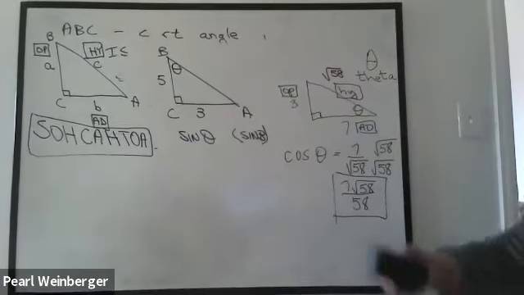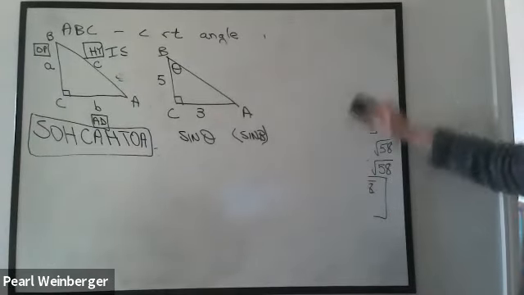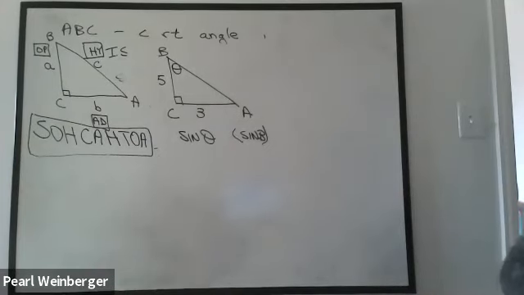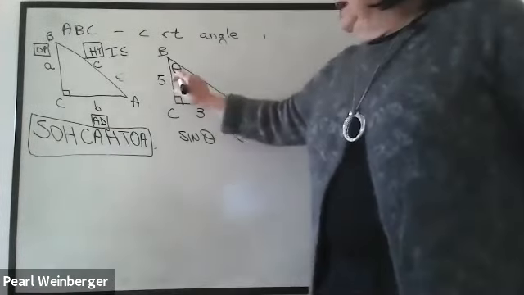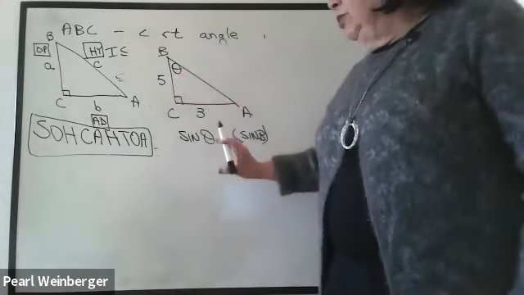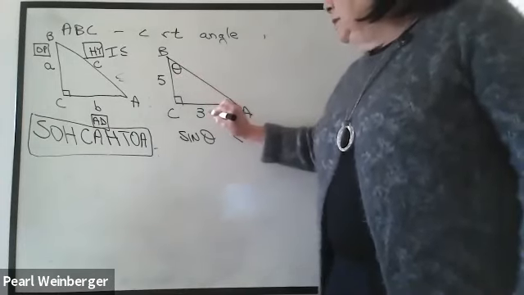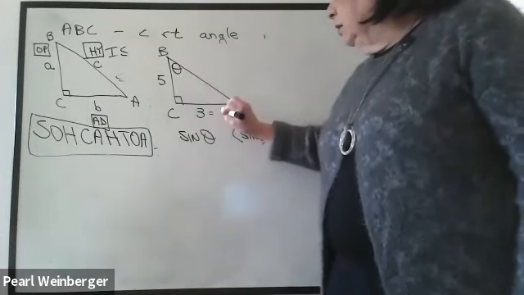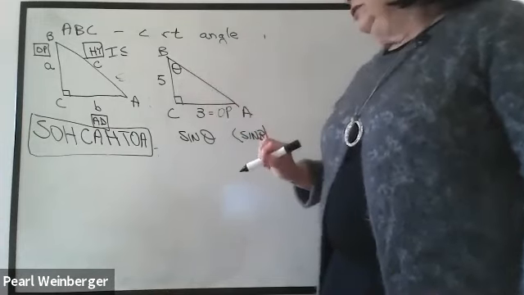Okay, let's see if we can work it out. I'm going to do it over here. Since this is my angle theta, I'm now going to label my sides. The side that's opposite theta is the 3, because it's the one that's across from it.